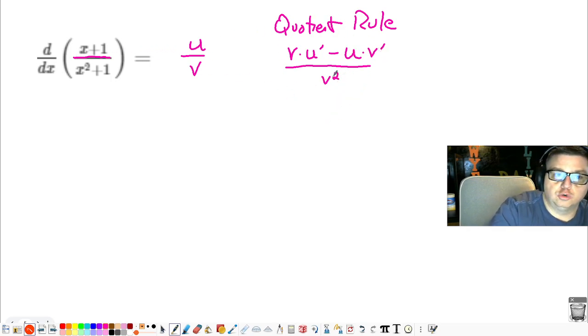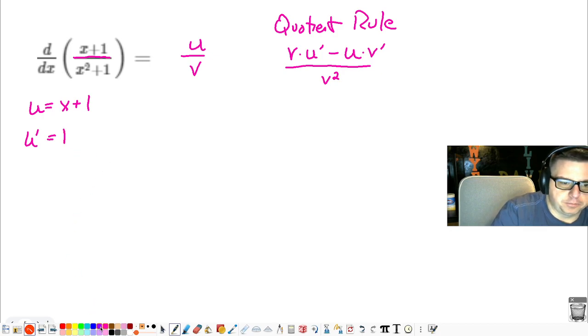You can do, and it's up to whatever you're most comfortable with, if you can just do the bottom times the derivative of the top, or if you need to, establish what the top is, x plus 1, take that derivative, which is just going to be a 1, do the same thing with the bottom. Establish what the bottom is, take the derivative of it, and then all we have to do is substitute into this quotient rule.